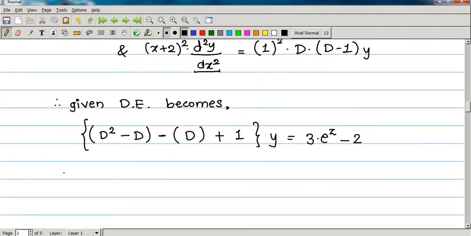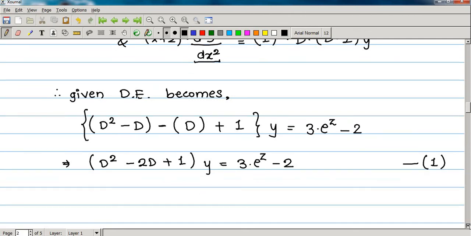If we simplify, we get D square minus 2 times D plus 1 into y is equal to 3 e raised to z minus 2. Let's denote it by equation number 1.